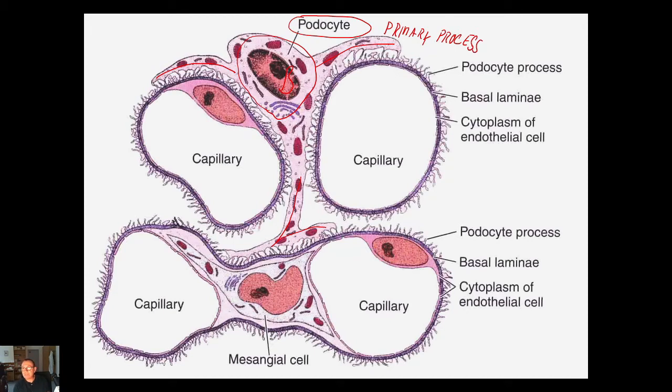There is some distance between the primary process and capillary surface, and this distance is bridged by secondary processes of podocytes, which are called pedicels.